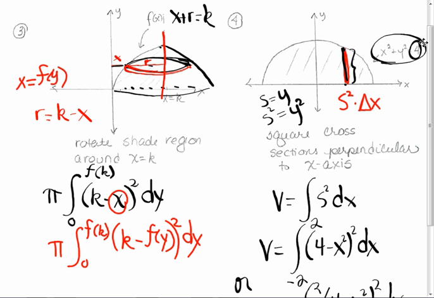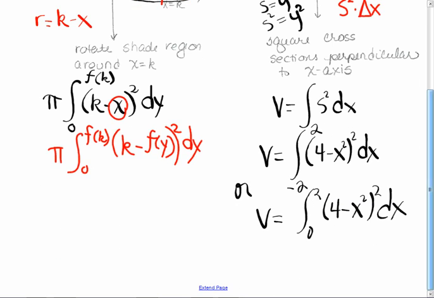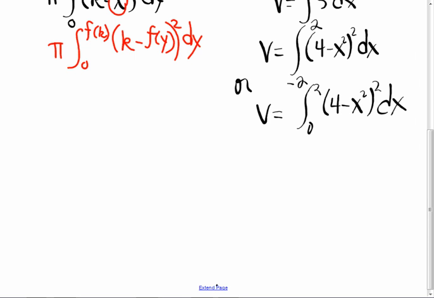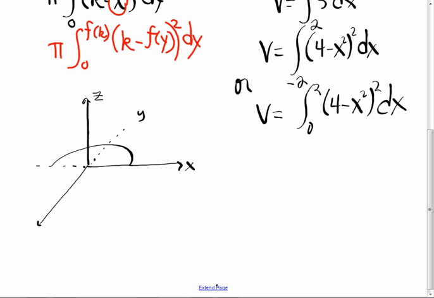I don't really care what it looks like, but what this would look like if I can draw it in 3 dimensions, I'll do the best I can. Actually, we do have the model. This is the y-axis. This is the z-axis. So my circle is going to look like this, and my cross sections, it's like a bicycle helmet.